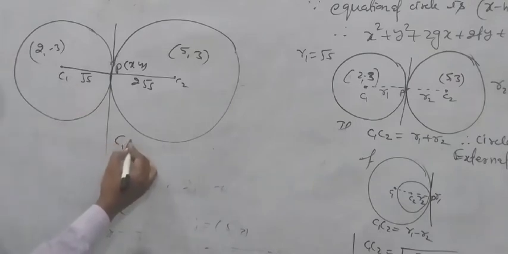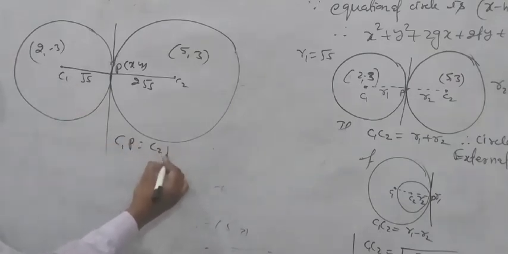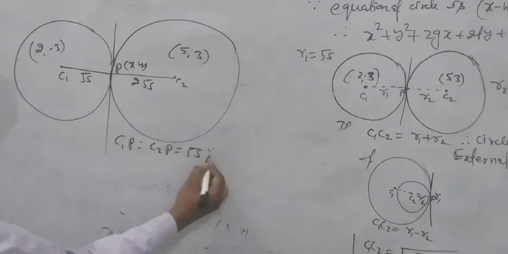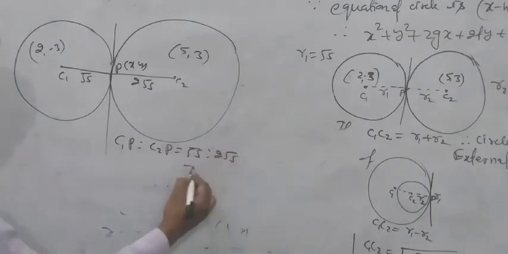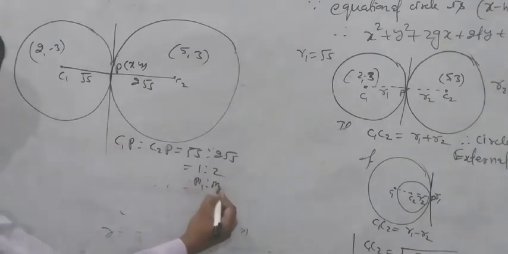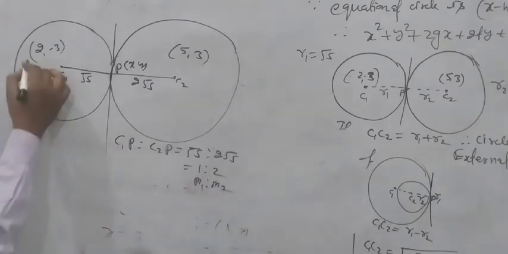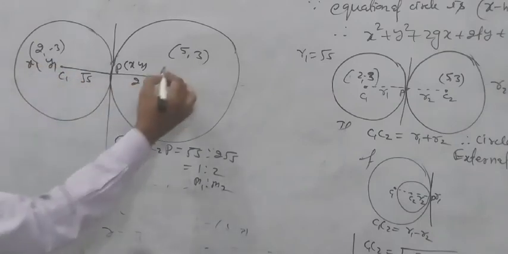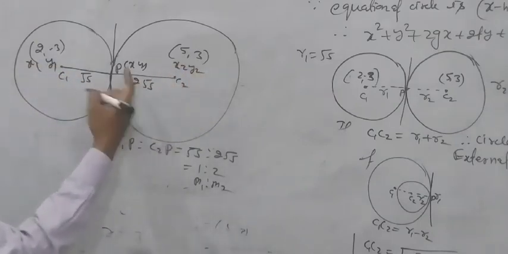Then C1P ratio C2P is equal to what? Under root 5 ratio 2 under root 5. That is 1 ratio 2. This is the value of m1 is to m2. Now (x1, y1), (x2, y2), (x, y).